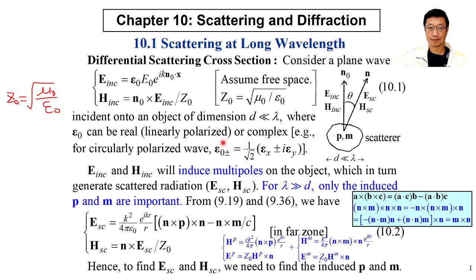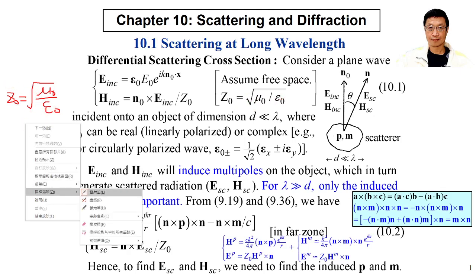So epsilon 0 boldface with plus minus just indicates it's circularly polarized. So don't be confused here. It's free space. We already assume c equals 1 over the square root of mu 0 epsilon 0 here.